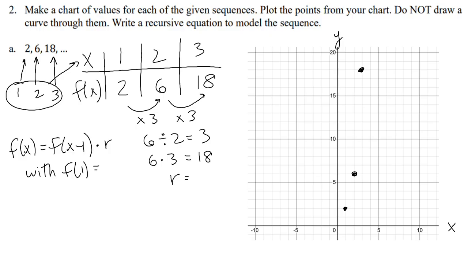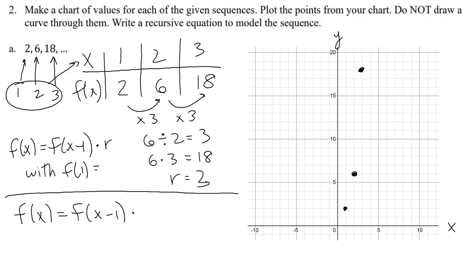And we saw over here that the common ratio was 3. We're multiplying by 3 each time. So our final equation should look like f of x equals f of x minus 1 times 3 with f of 1 equal to 2, because that's the value when x is 1.